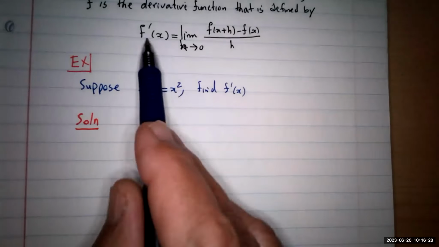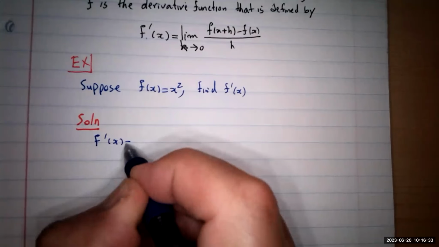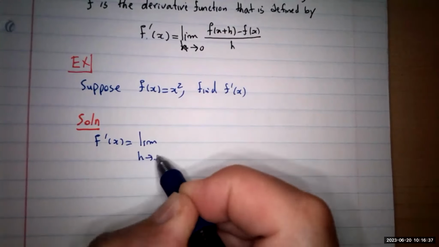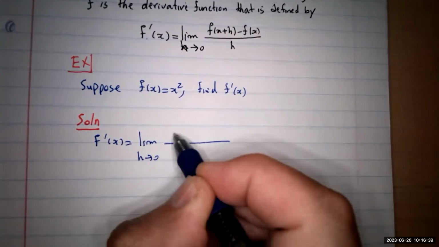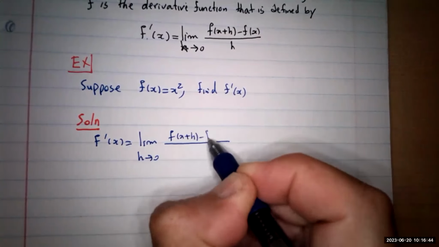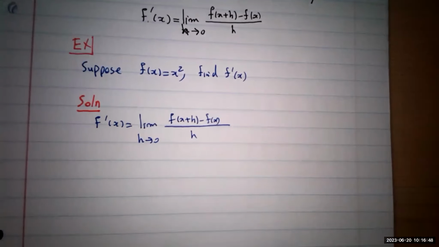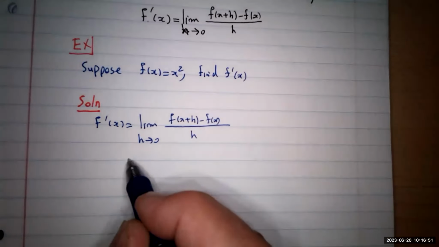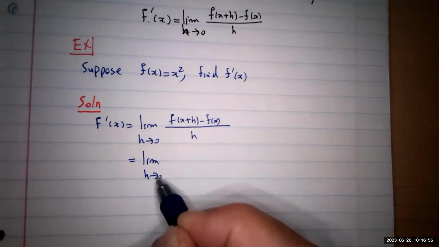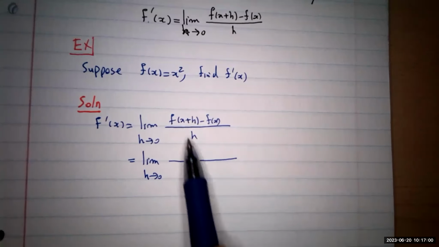There you are, f prime of x. I repeat the formula: f prime of x equals the limit of f of x plus h minus f of x over h. Substitute: it is equal to the limit as h goes to 0 of f of x plus h over h.